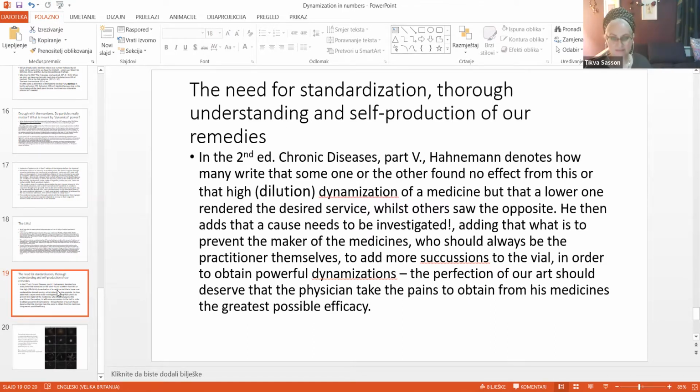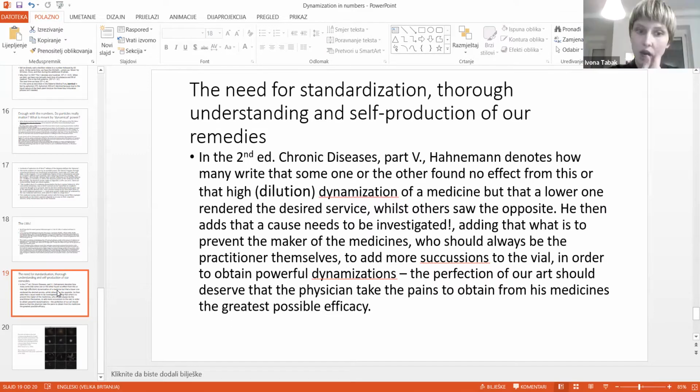Yes. And I'm glad that both of you mentioned this, because my last slide, well, there's one more, but that's just a picture, which is incredible, by the way. Hahnemann actually also mentioned the need to, as Tikva said, be able to self-produce our remedies, to standardize and thoroughly understand why, in some cases, the low attenuation or the high attenuation didn't work.